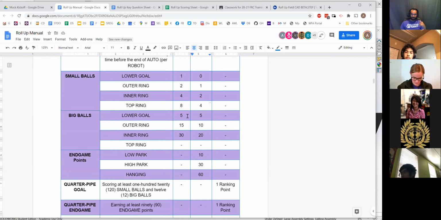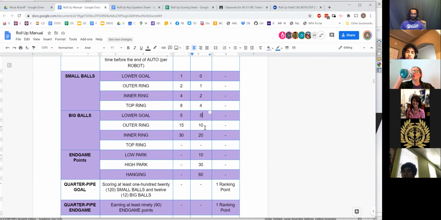For the big balls, the lower goal in auto is 5, so it's the same in auto as it is in teleop. So if you don't make it into one of the rings in auto, you don't get a bonus. You just get the same amount of points as you would in teleop. The outer ring is a 5-point bonus, so you get 15 points for the outer ring in auto, and the inner ring is a full 30 points, which is 10 points more than the inner ring in teleop.